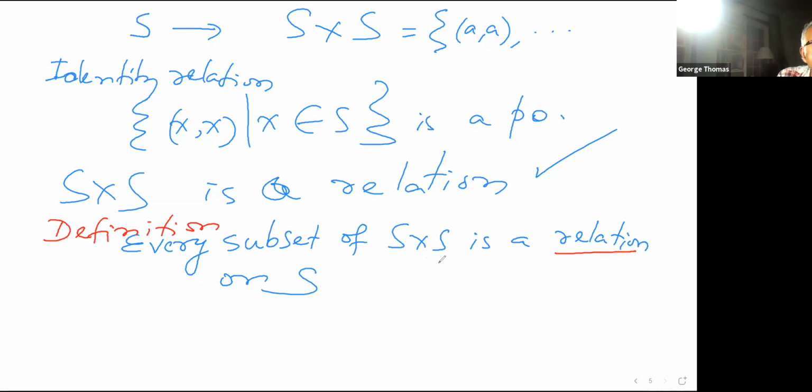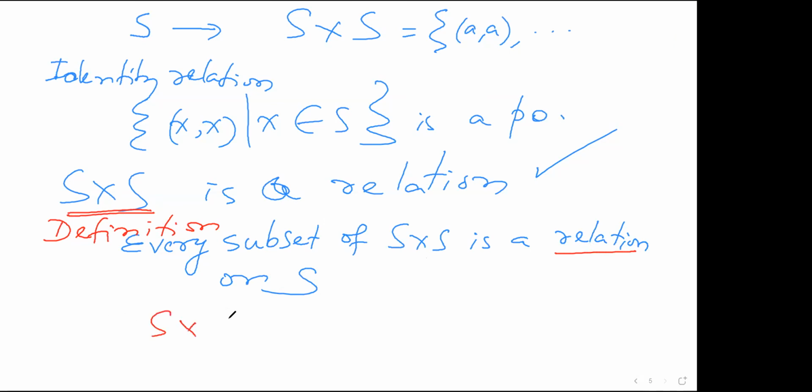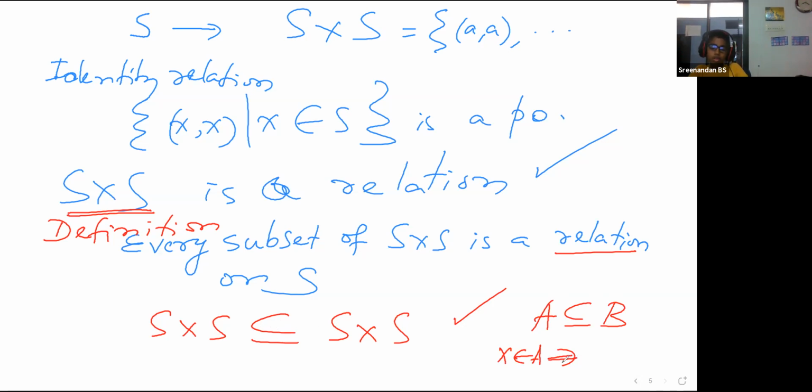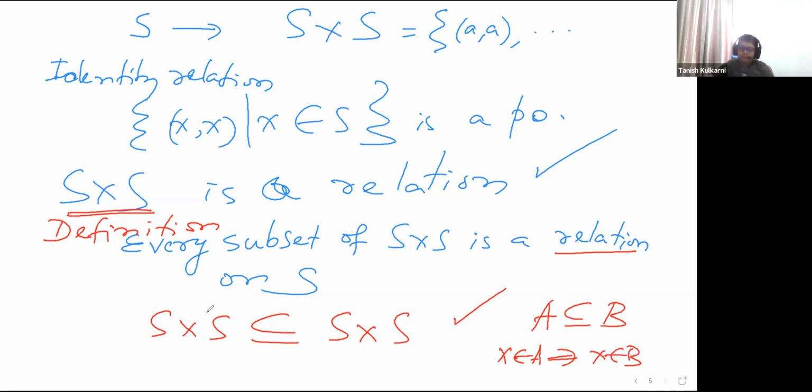Now, if every subset of S cross S is a relation, is S cross S a relation then? S cross S, is it a subset of S cross S? Yes, it is. Because what is the definition? How do you check if A is contained in B? X contained in A implies X contained in B. So, is this a subset of this?